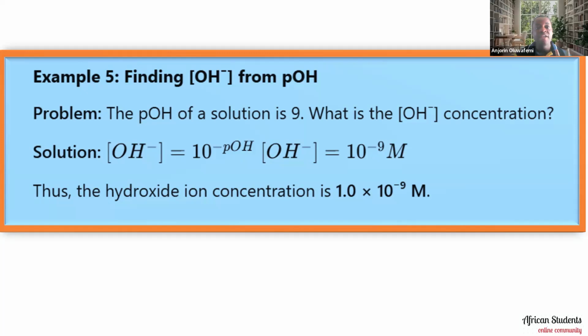So for me to get the hydroxyl ion concentration, I just do an anti-logarithm of the pOH value that was given to me, and I will end up with 10 to the power minus 9 molar from my calculator. So it implies that the hydroxide ion concentration is 1.0 times 10 raised to the power minus 9 molar.